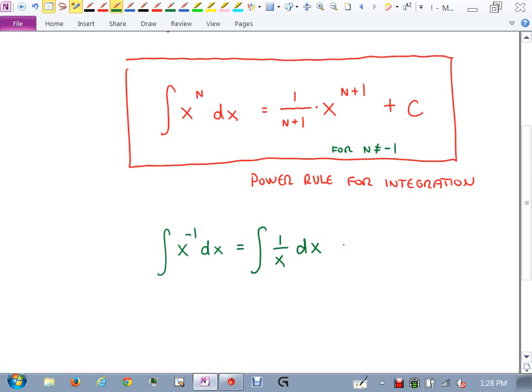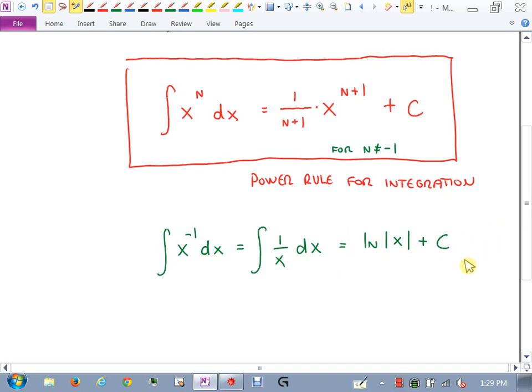So this should just be the natural log of x. Well, it's technically the natural log of the absolute value of x, because you can't take the log of a negative number, so we always put an absolute value around it. If you look it up as a formula in a book, this is the way it will appear. But does that make sense? The derivative of natural log of x is 1 over x. So the antiderivative of 1 over x is natural log of x plus a constant of integration.